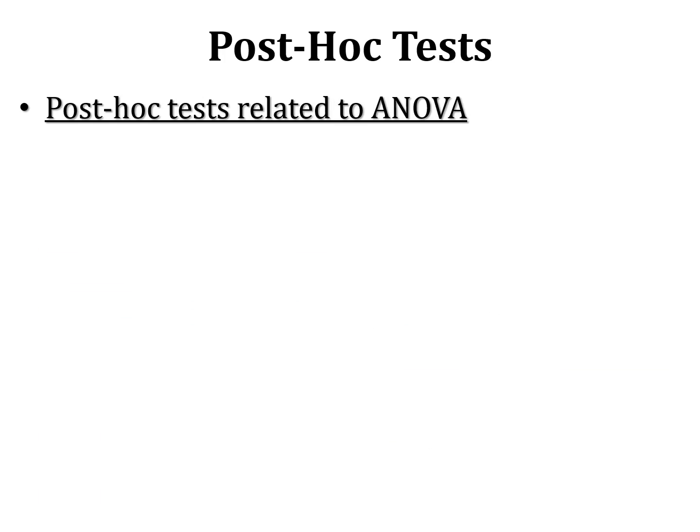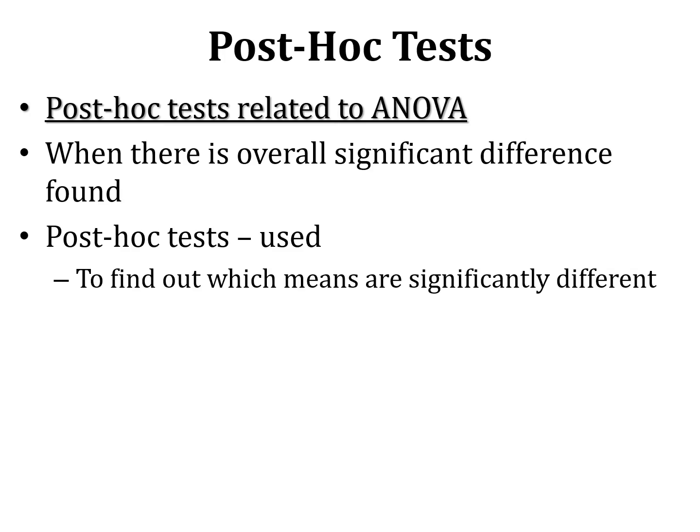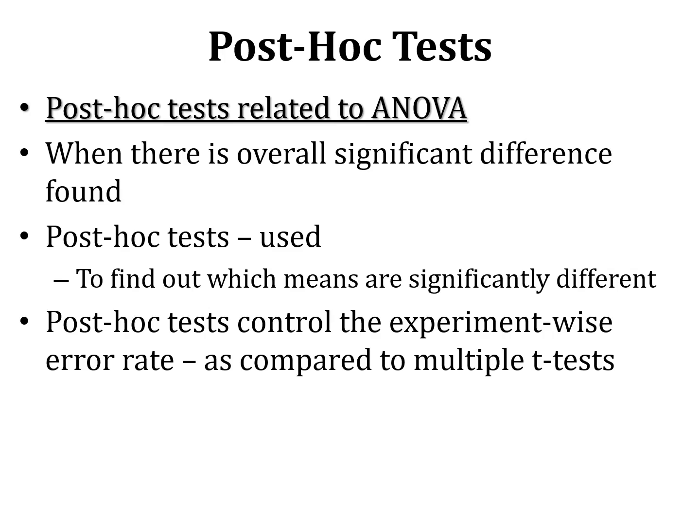And we have different types of post hoc tests related to ANOVA, and these are performed when an overall significant difference is found. The post hoc tests are used to find out which means are significantly different. The advantage of using a post hoc test is that you usually control the experiment-wise error rate as compared to multiple t-tests, because when you perform multiple comparisons with t-tests, the experiment-wise error rate is very high.